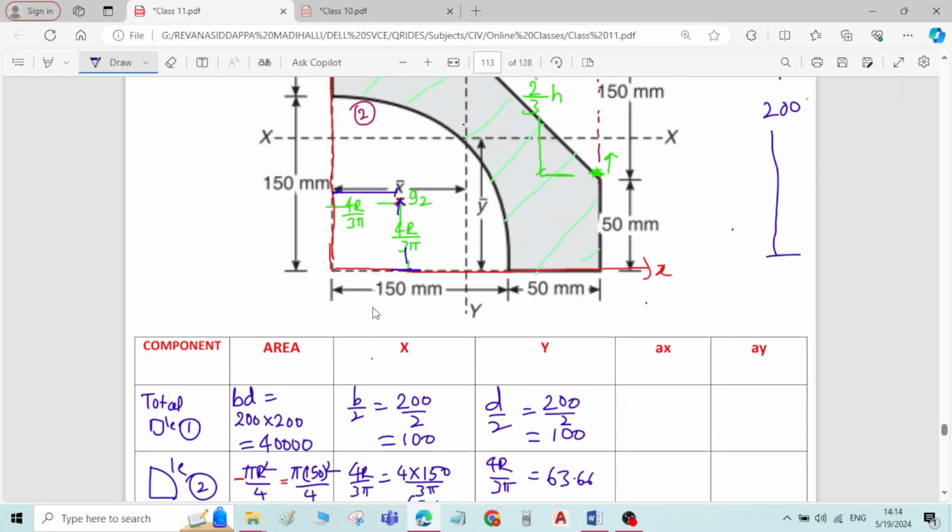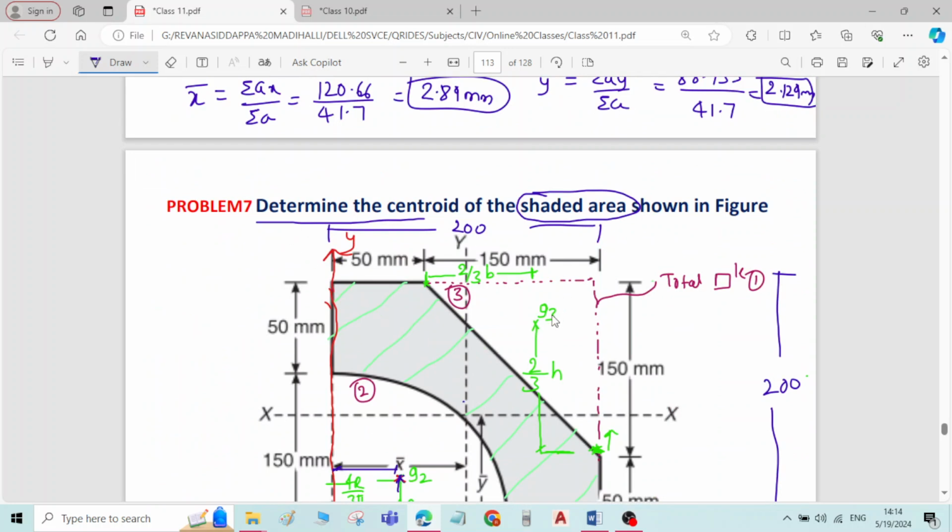Then coming to the x value for the right angle triangle, which is the distance of G3 from the reference y-axis. This distance is the x value for the right angle triangle.